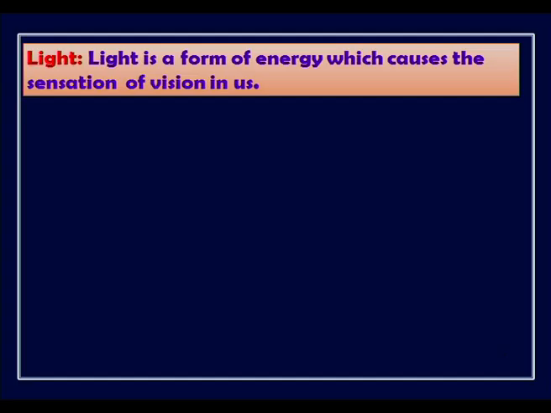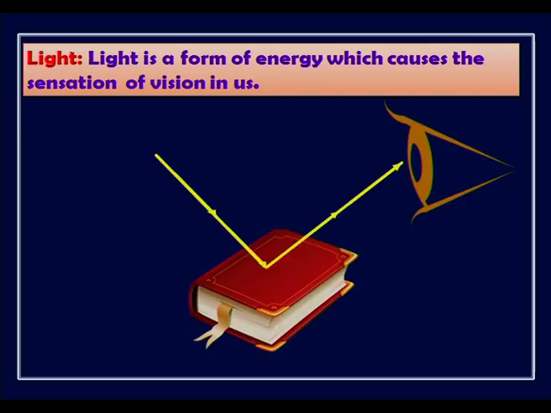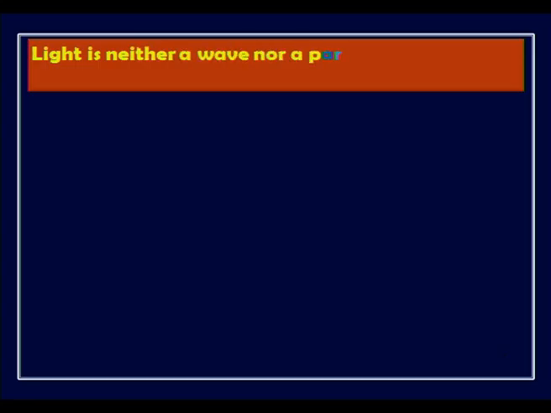First of all, we will see what is light. Light is a form of energy which causes the sensation of vision to us. When light falls on an object and reaches our eye, then we can see the object. Students, remember, light is neither purely a wave nor a particle, but it has dual character.